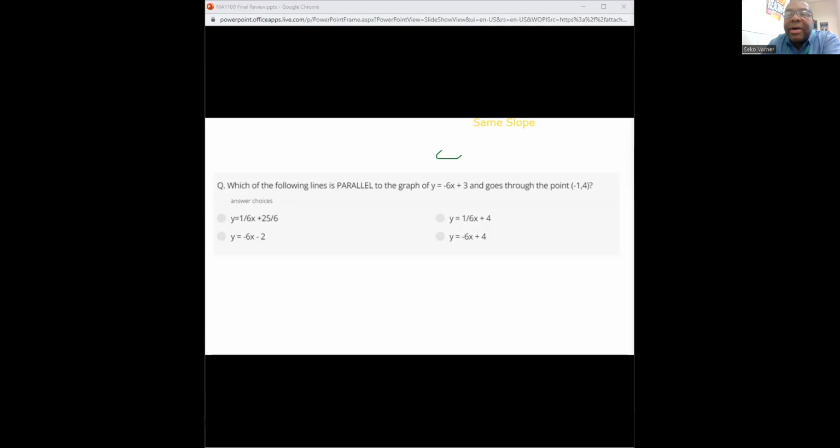So I need to find out what line is parallel. Parallel means it has the same slope. So my slope is still going to be negative 6x. And let's say I think that my slope is going to be at 1 plus 1. No, that's not.